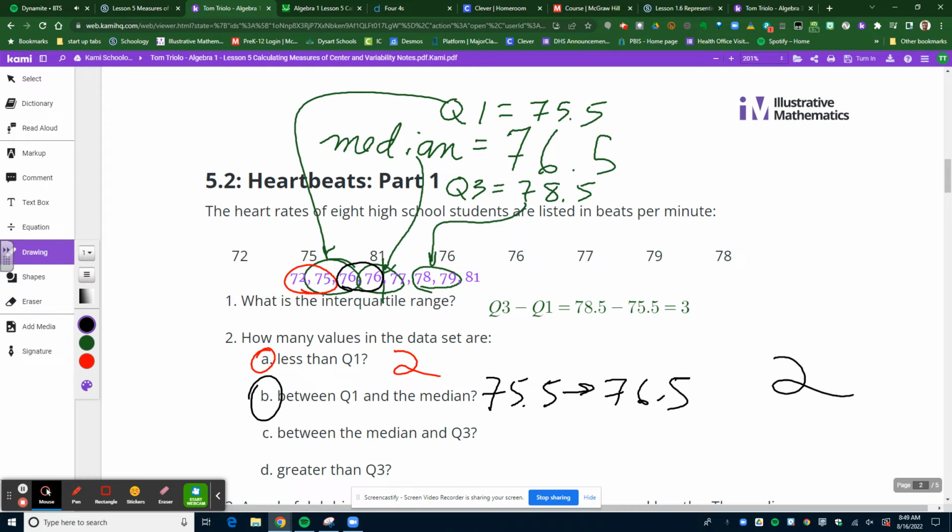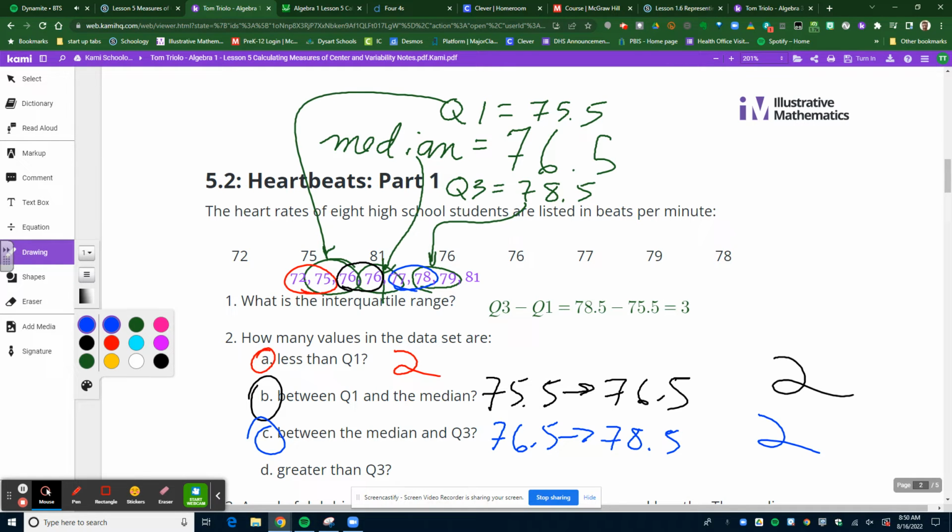So between the median and Q3, my median is at 76.5 and my Q3 is at 78.5. Jaden, how many are between 76.5 and 78.5? Yes. 2. I got 77, 78.